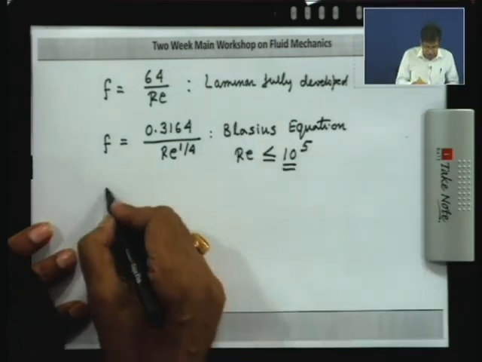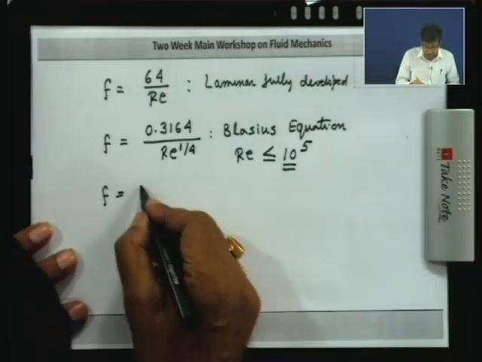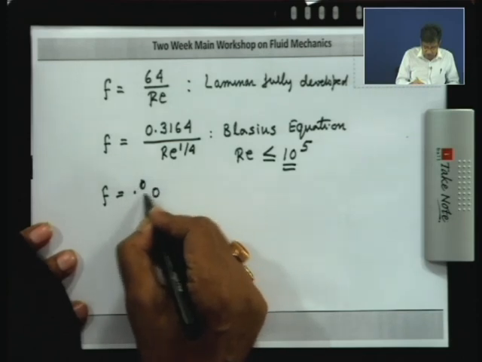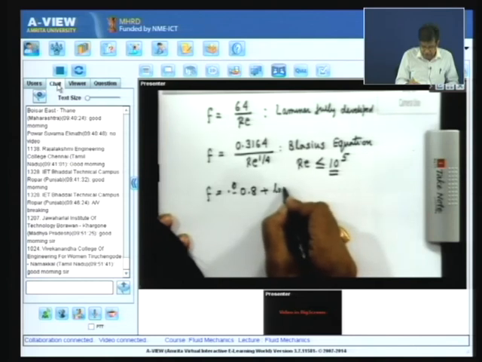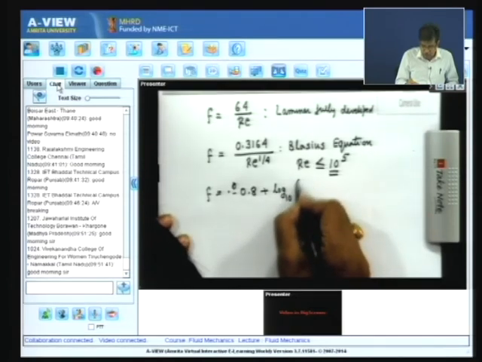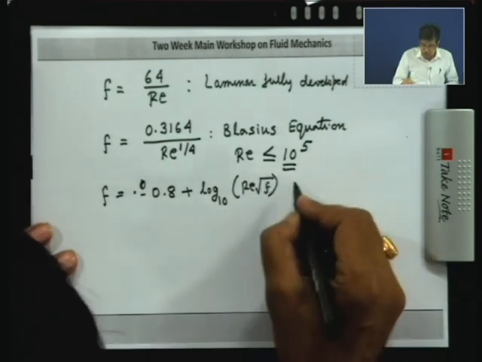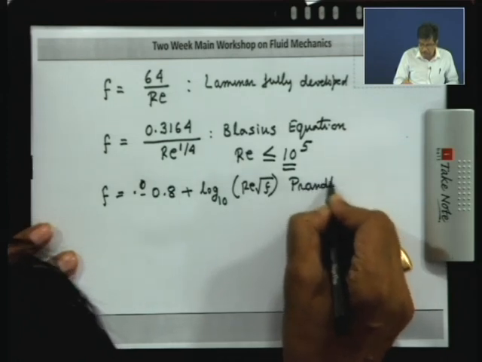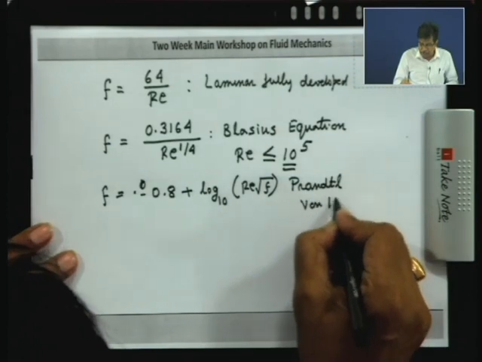Above 10 to the power 5, covering very high Reynolds numbers, one very important formula is 1 by root F equal to minus 0.8 plus log base 10 of Re into root F, and this is due to Prandtl, the famous man who discovered the boundary layer, Prandtl and von Karman.